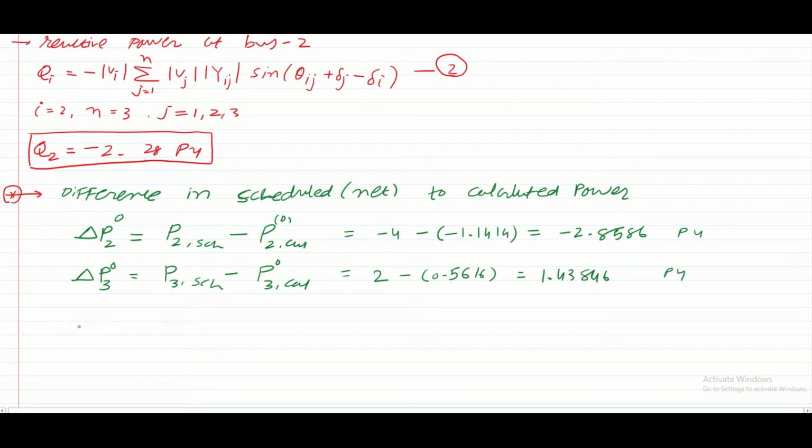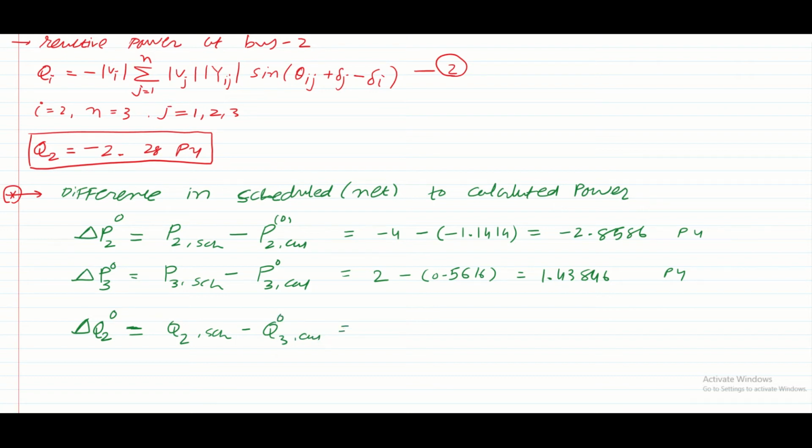Now the third one is delta Q2, which is equal to Q2 scheduled minus Q2 calculated.